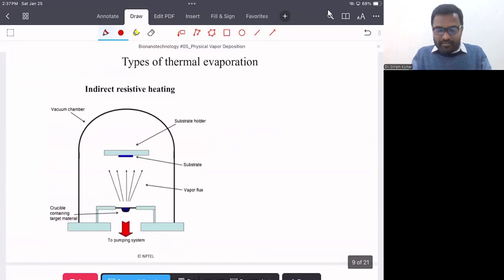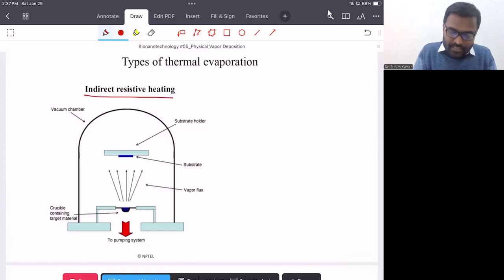We have the other kind of heating, that is indirect resistive heating. In this technique, we have a container that is called the crucible.